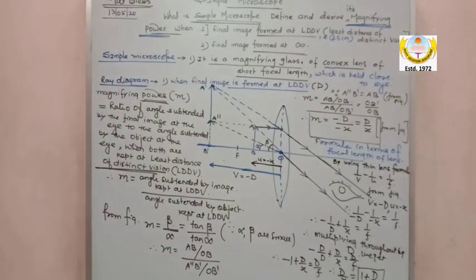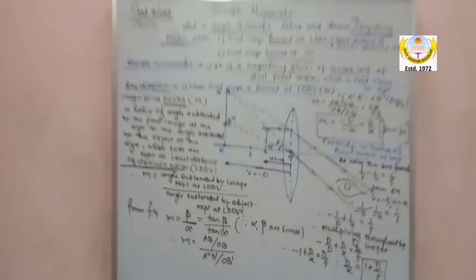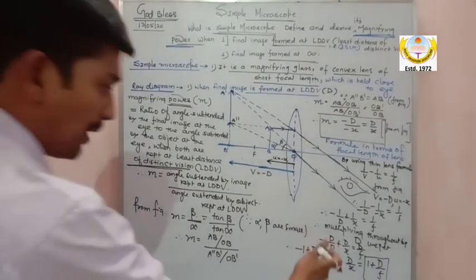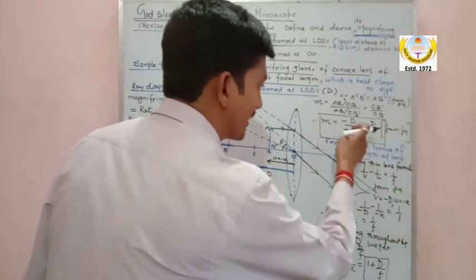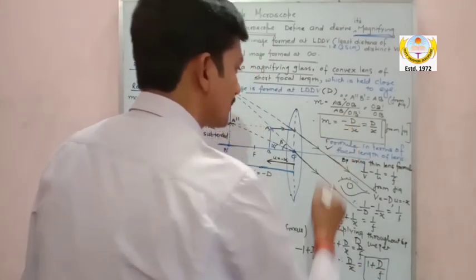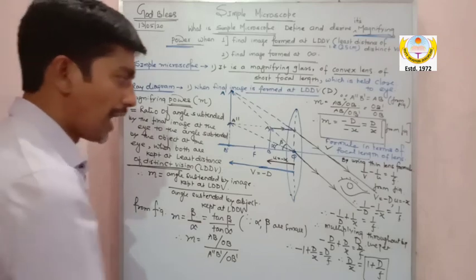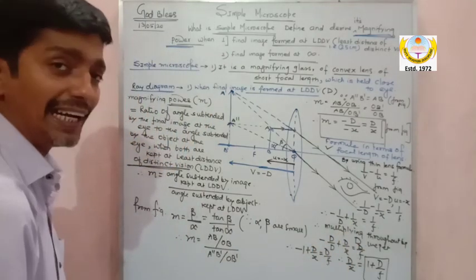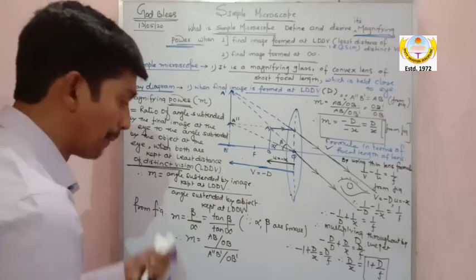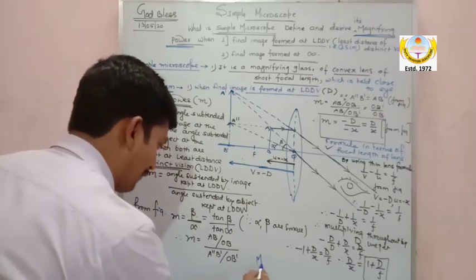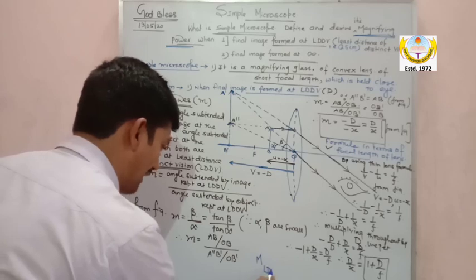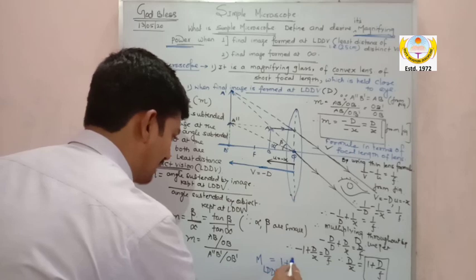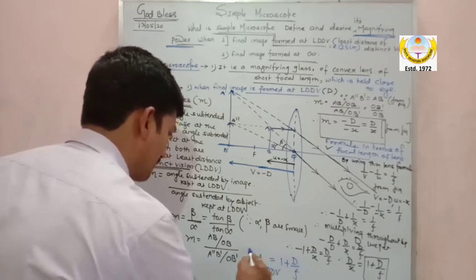So now, my dear, you can all see that I have converted the D by x formula in terms of focal length. So we can say that the magnifying power for LDDV using a simple microscope, SM meaning simple microscope, is equal to 1 plus D by f.